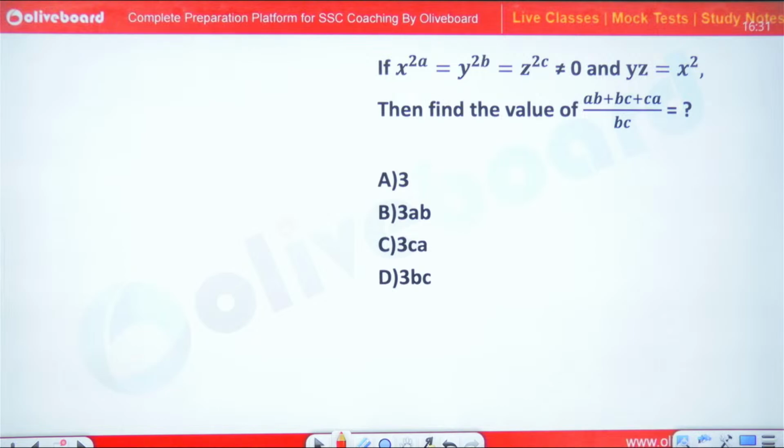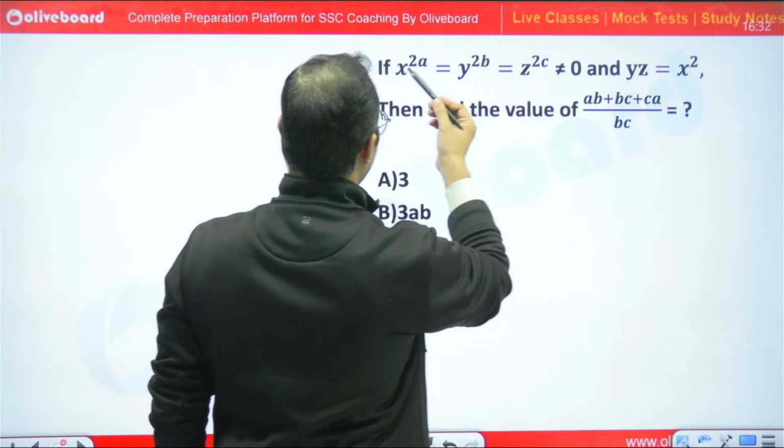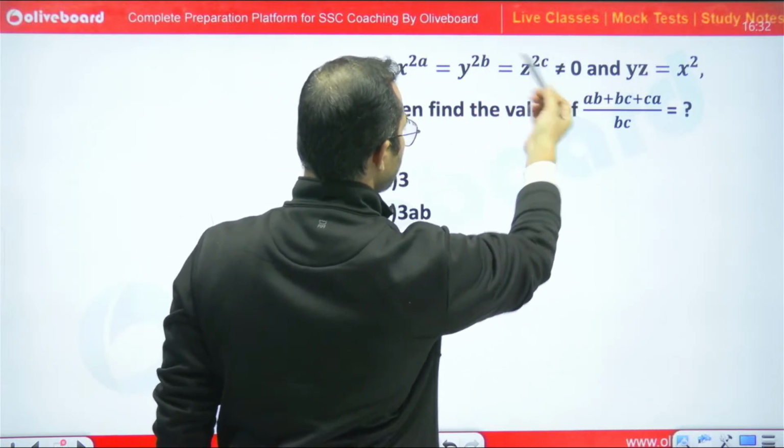Now tell me what would be the answer for this question. We have x to the power 2a, y to the power 2b and z to the power 2c.